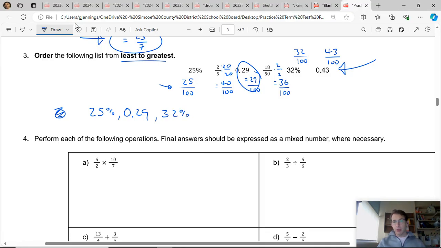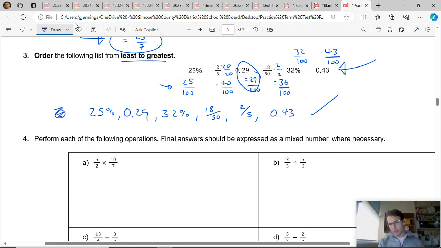And the next biggest is 18 over 50. And the next biggest is, we got them all, 2/5. And then the absolute largest is 0.43. Done. That's the order least to greatest.